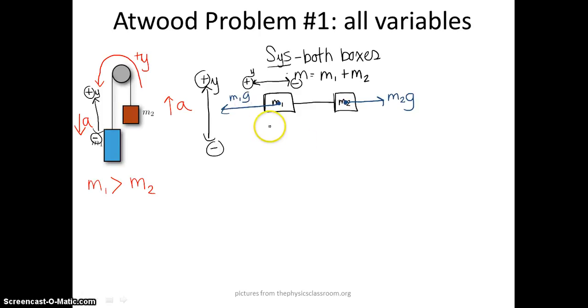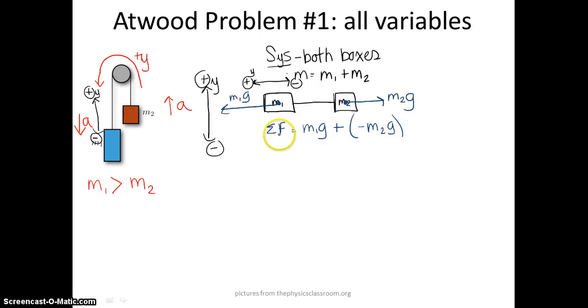So at this point, I'm able to write a math statement for what the F net is. My F net in this case is going to be M1G plus, and I can see that this M2G is in the negative direction, so this is going to be negative M2G.